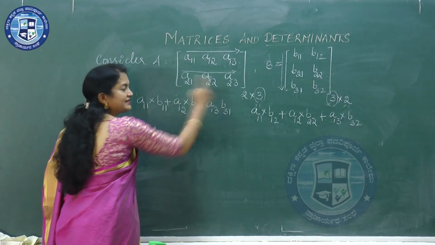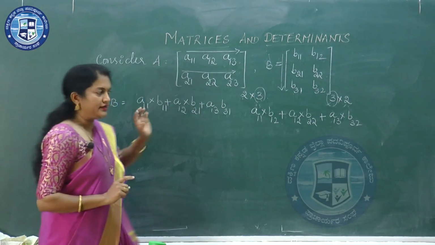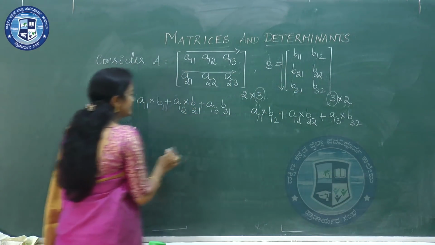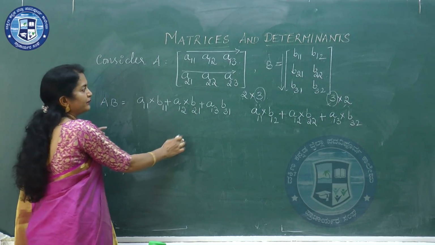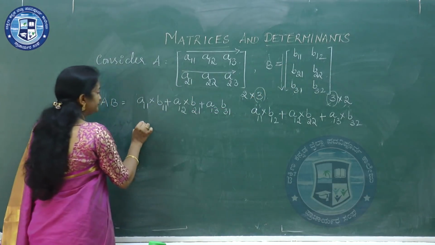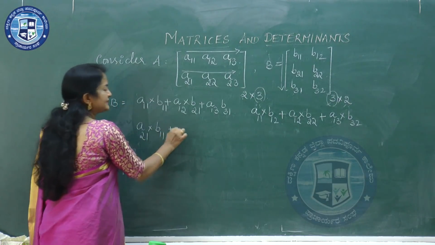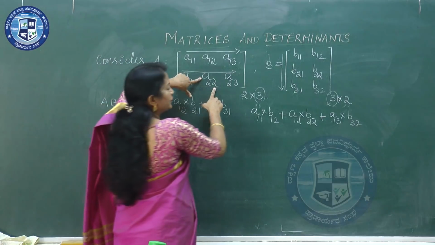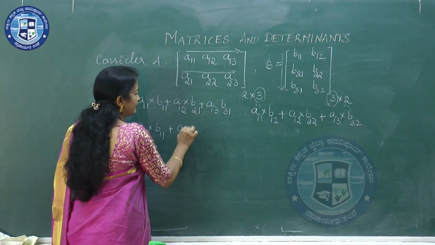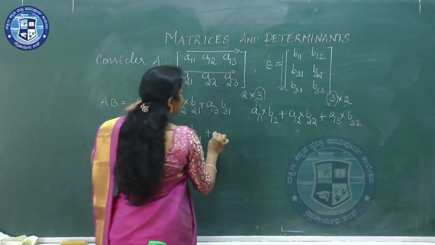Whenever we are considering the second row, the elements will be here in the second row we are getting. So second row, first column gives the first element of the second row, A21 into B11 plus A22 into B21 plus A23 into B31.